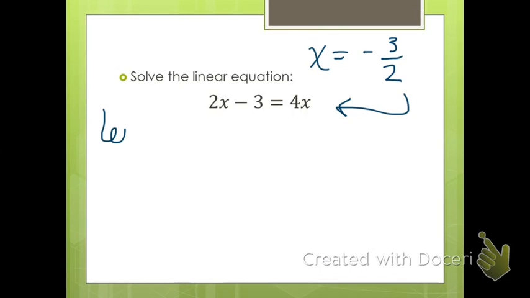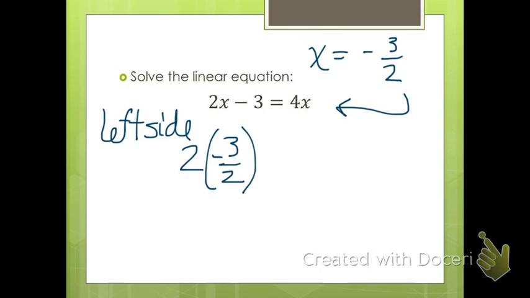The left side of the equation, you don't have to separate them out, but I'm going to. The left side would be 2x minus 3. X is negative 3/2, so 2x minus 3 is equal to 2 times negative 3/2, which is negative 3, minus 3, which is negative 6.